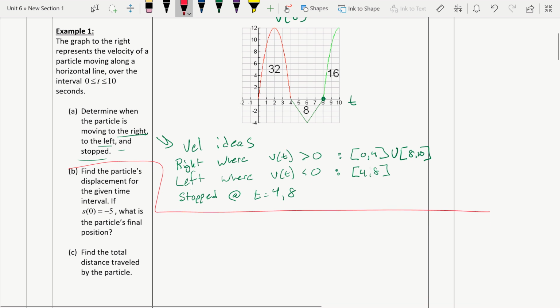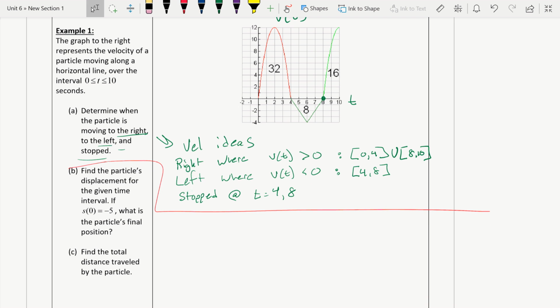Okay, so then part B is where we'll start looking at some change. We have, find the displacement for the given time interval. Then, if s of 0 equals -5, that would be an initial condition, or initial position, what is the particle's final position? Okay, so remember, integrals accumulate change.